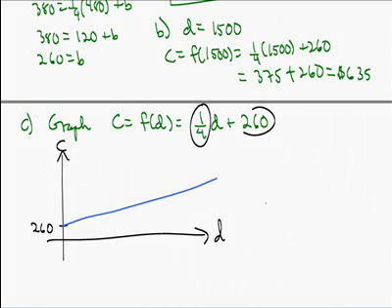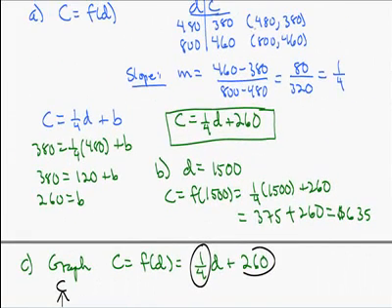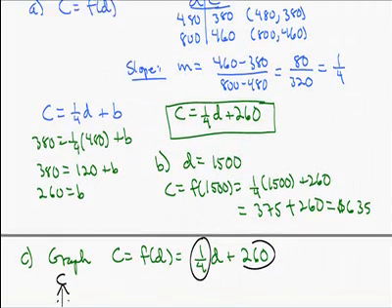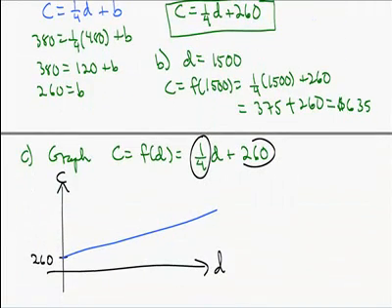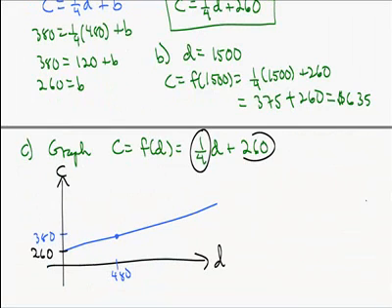Now, we know a couple of points on this graph. For example, we know that from up here, (480, 380) is a point on the graph. So if d is equal to 480, then c is equal to 380. We also know another point, (800, 460). So maybe if we come out here, say this is 800, that means that this right here is 460.